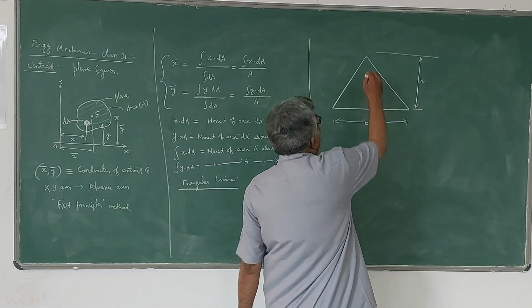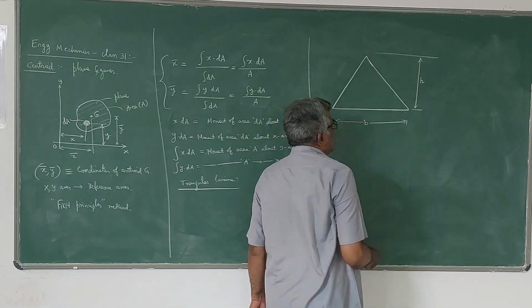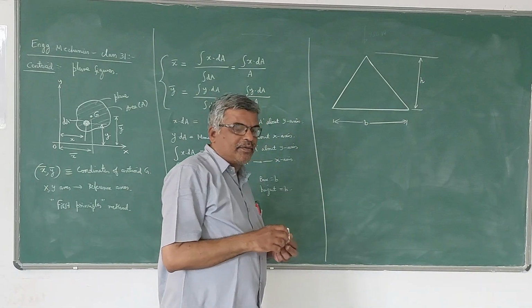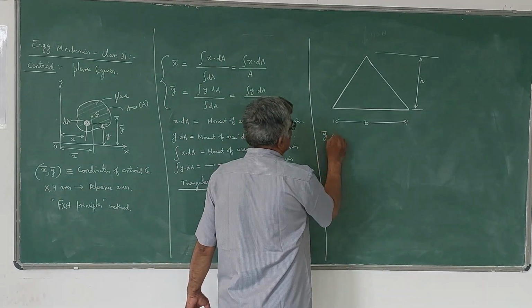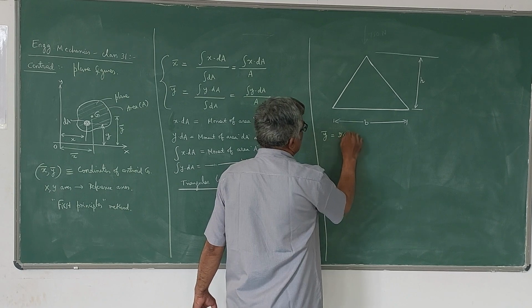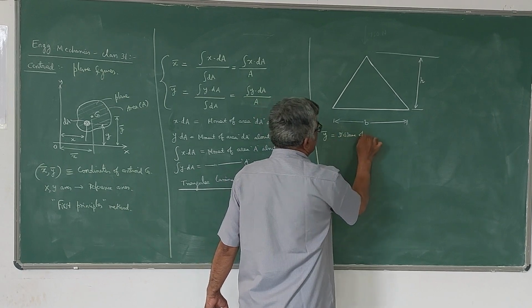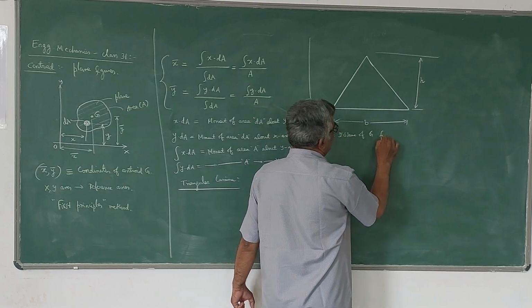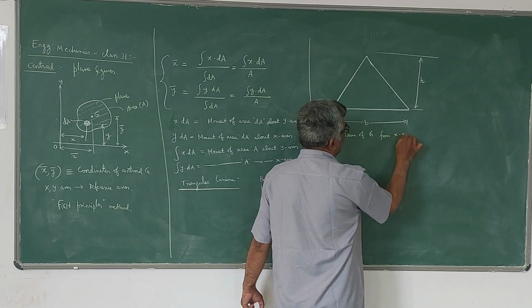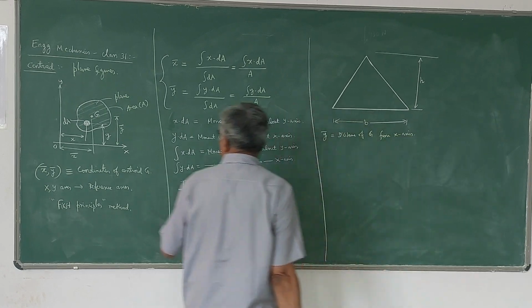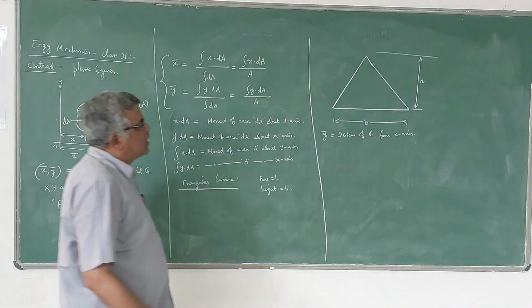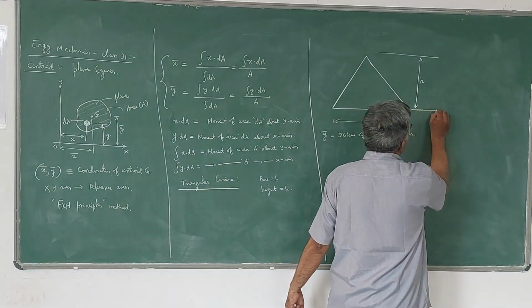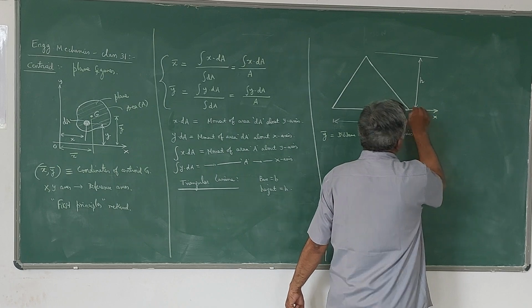Now, to locate the centroid, let us find only y bar. y bar means the distance of centroid G from the x-axis. You can see here, the distance of centroid G from the x-axis is y bar. Now, I will consider the base of the triangle itself as the x-axis.